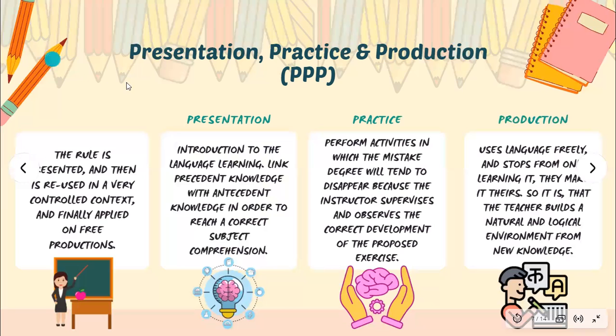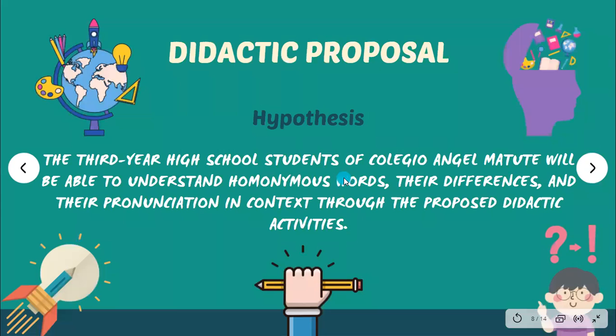Okay, so moving on to our number 4 point, our pedagogical proposal, we should first talk about our hypothesis, which will be: the 3rd year high school students of Colegio Angel Matute will be able to understand homonymous words, their differences, and their pronunciation in context through the proposed didactic activities.